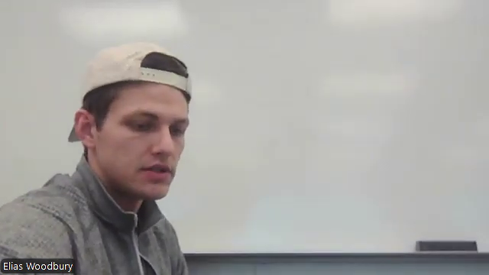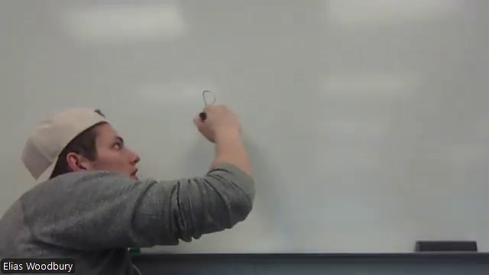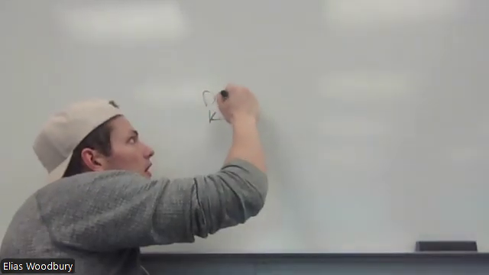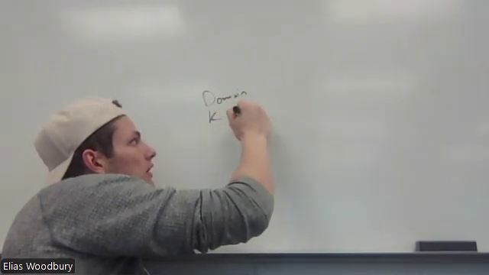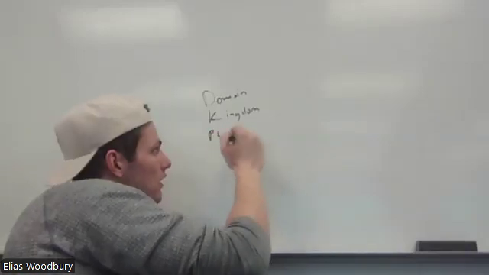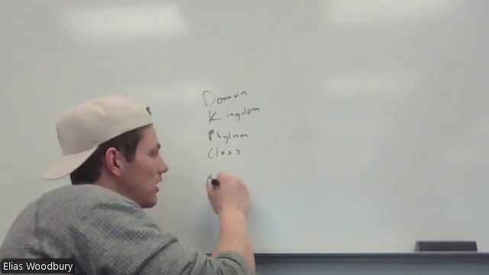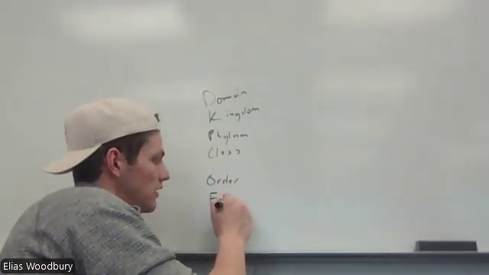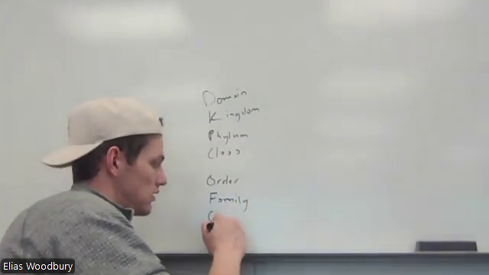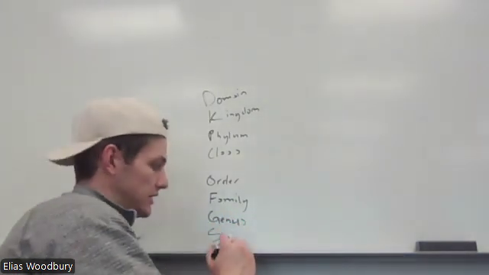So we just worry about domain, kingdom, phylum, class, order, family, genus, and lastly, species.